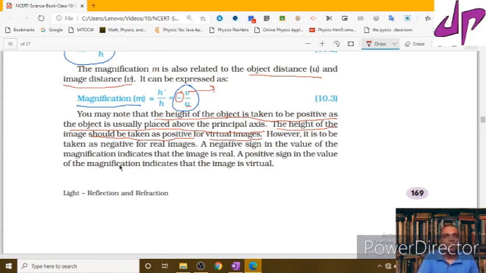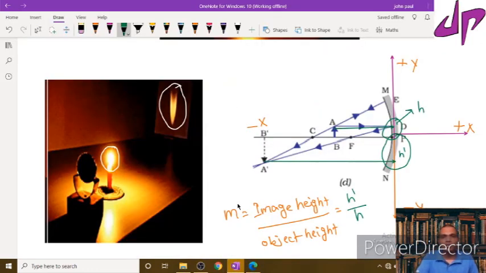However, it is to be taken as negative for a real image. So in this case, the real image has negative height because it comes along the negative y-axis.